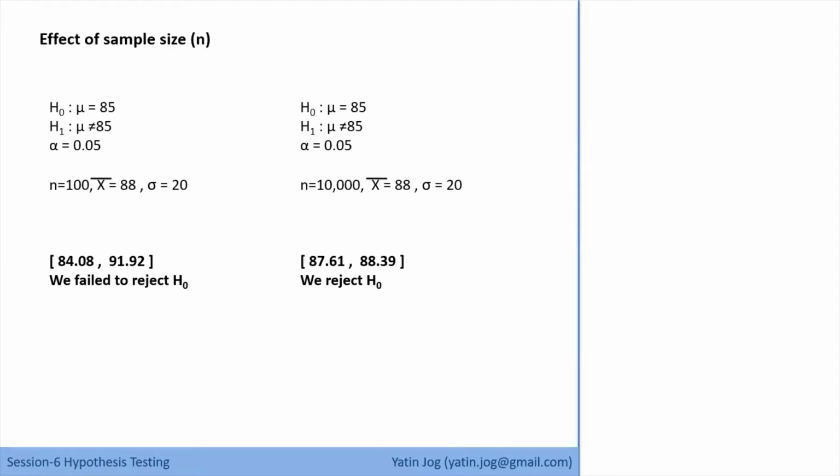Now, this word larger is subjective. For me, maybe 1,000 is a larger sample size. For somebody else, 10,000 may be larger. For some problems, even 10 will be a larger sample size. There are some rules, and if you follow those rules, you can come to know what the standard sample size should be for your kind of analysis.